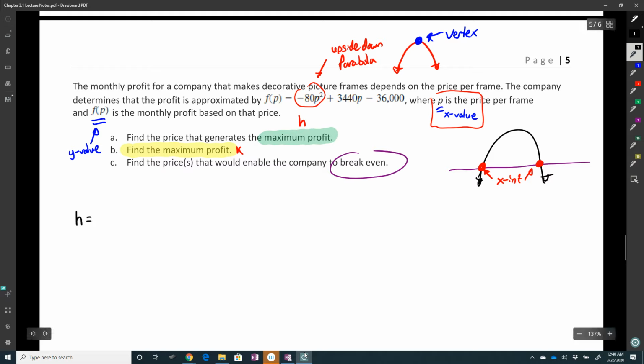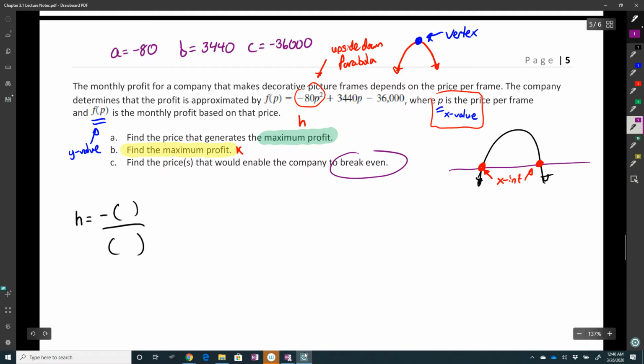So h is equal to negative b over 2a. And remember, looking at this problem, a is equal to negative 80, bigger numbers, but we have our calculator. b is equal to 3,440. And c is equal to negative 36,000.